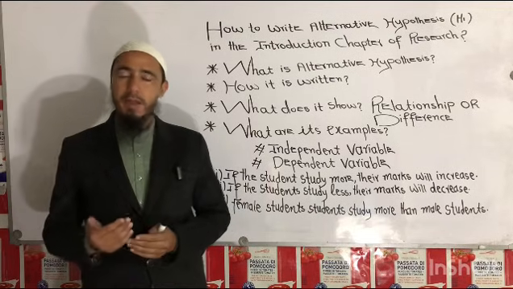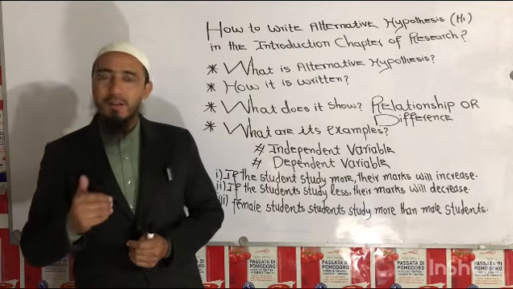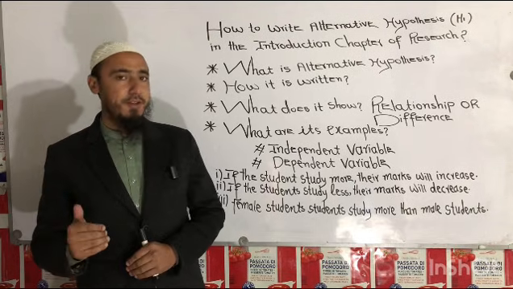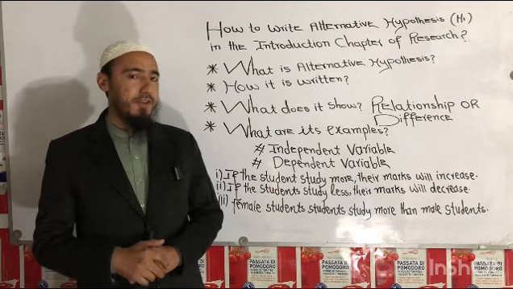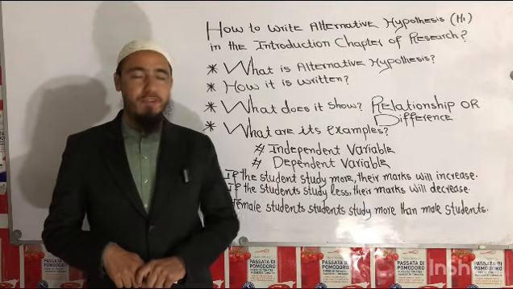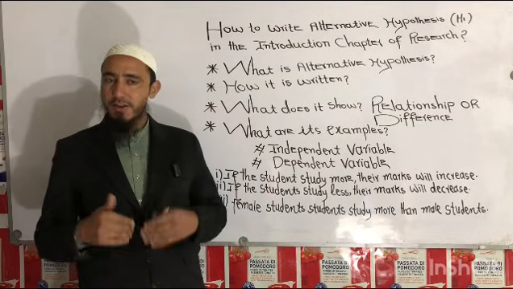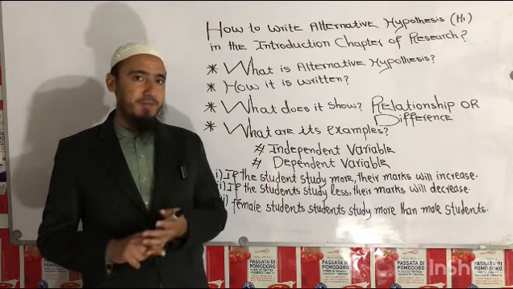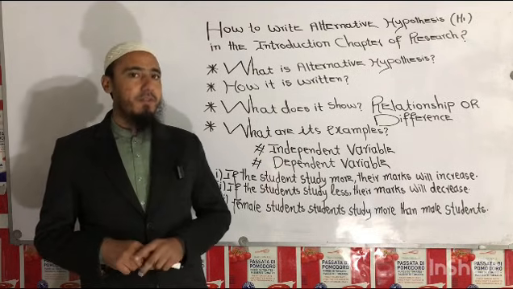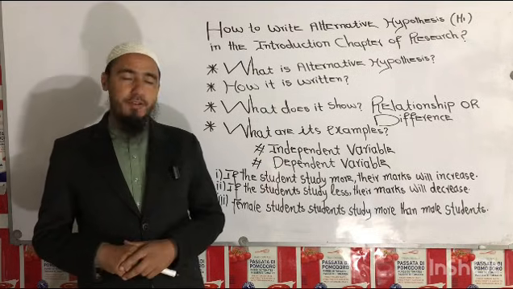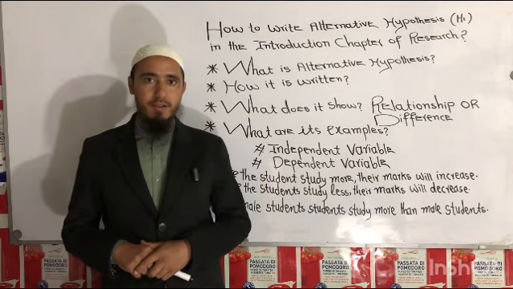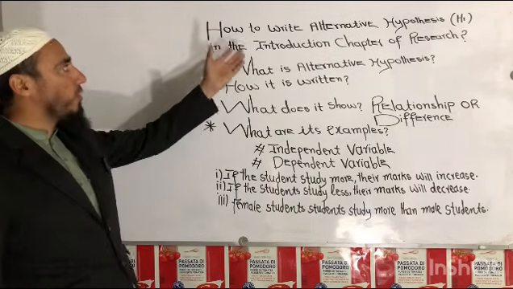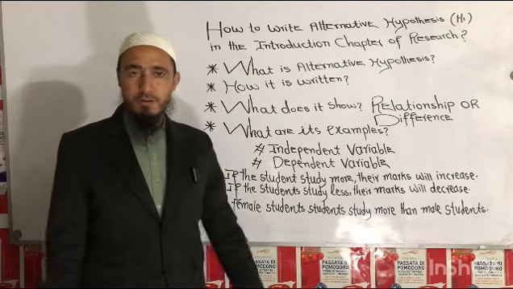And a variable refers to any factor in research which varies from person to person, place to place, and from situation to situation. There are types of variables I taught, like dependent variable, independent variable, and other types as well, like control variable. However, today I'm going to teach you how to write alternative hypothesis.